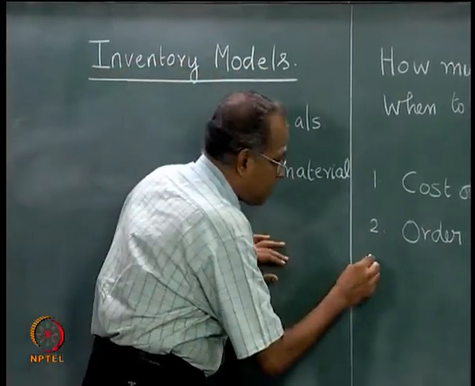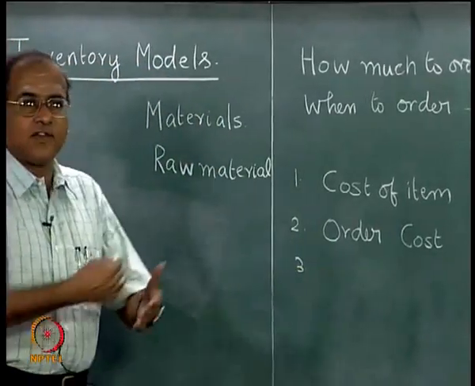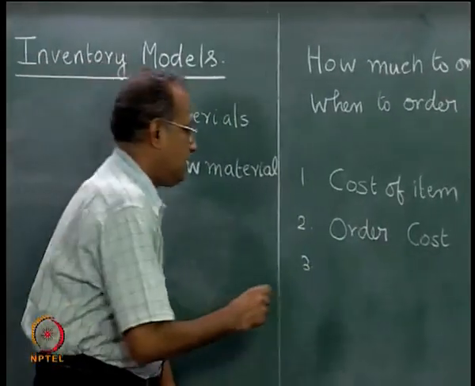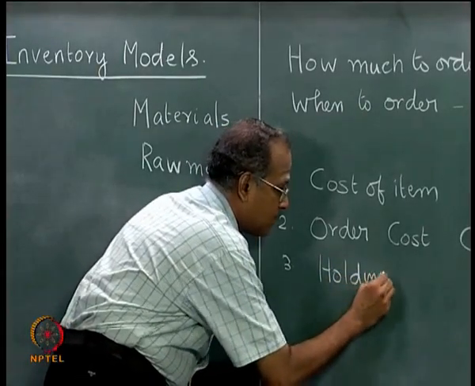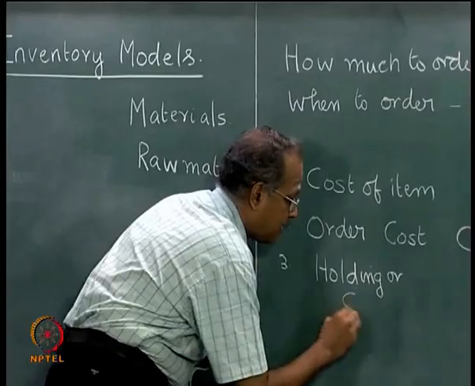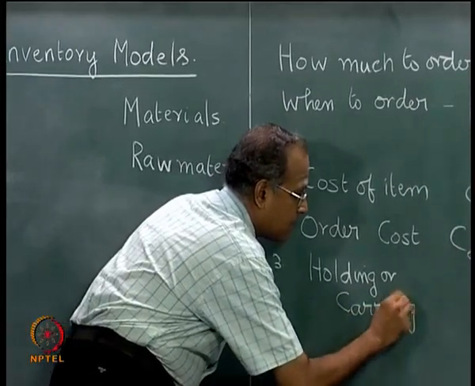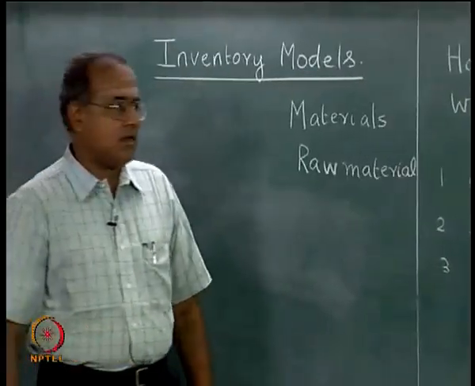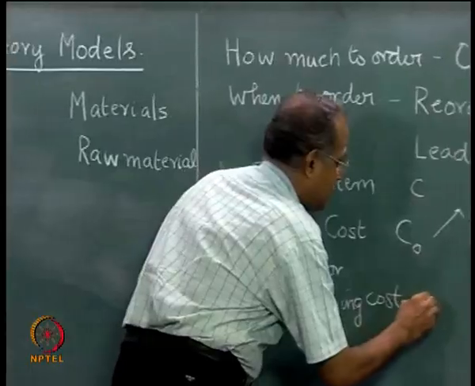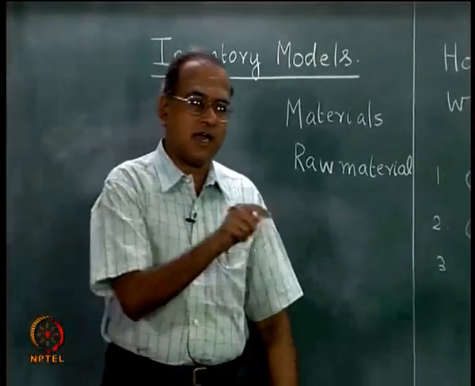Now, the other important cost that the organization has to incur after the item arrives is called inventory holding cost or carrying cost. This is denoted by CC, the cost of carrying inventory.